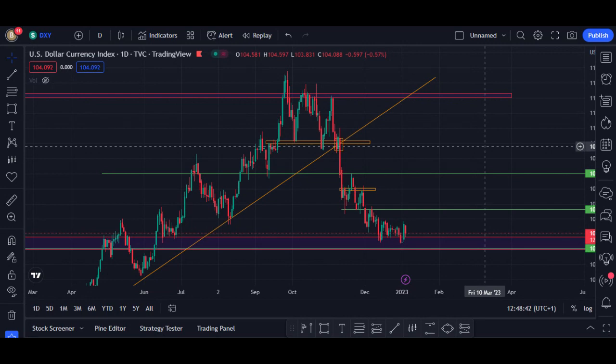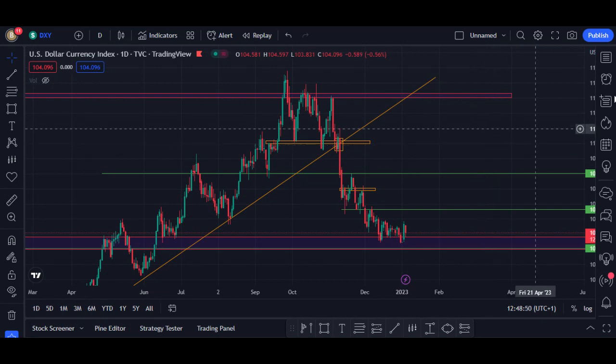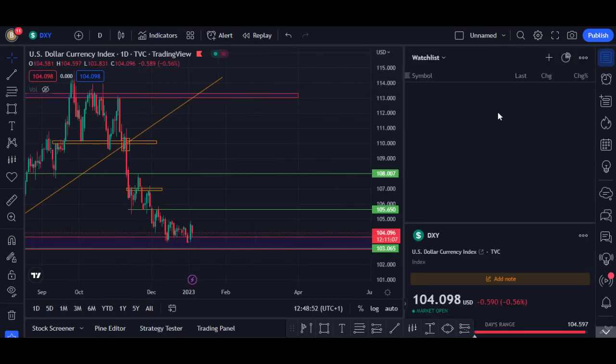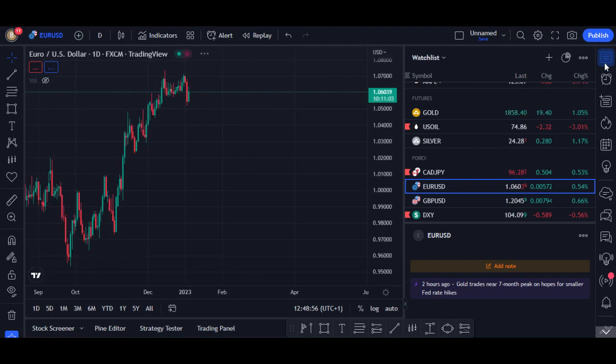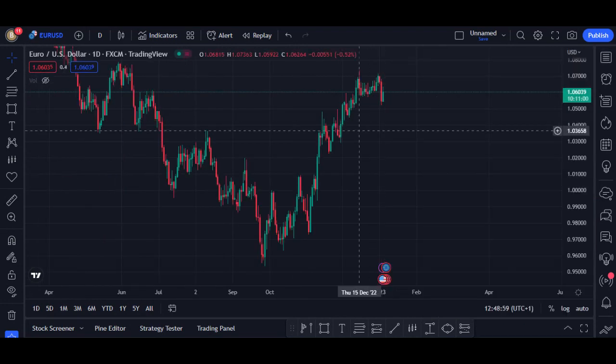So the Euro USD is also known as your anti-dollar pair because it gives you the inverse of what the dollar gives you. If you take a good look at the Euro USD, we won't analyze it today, but you can see what it is doing.